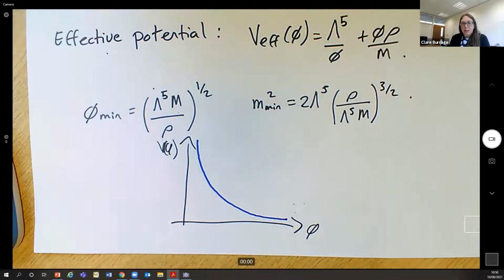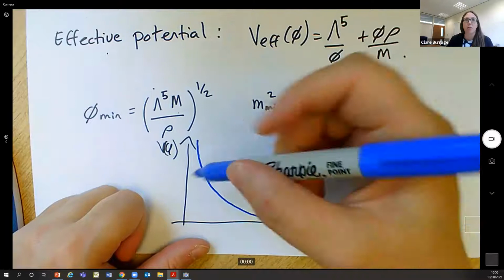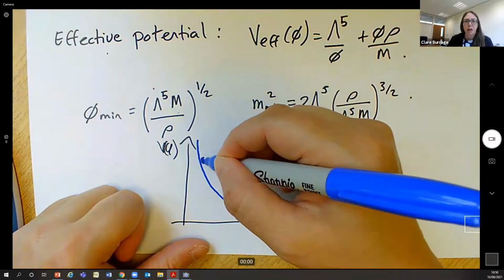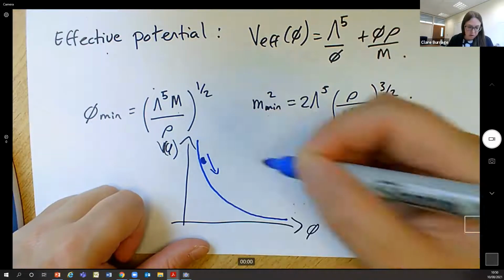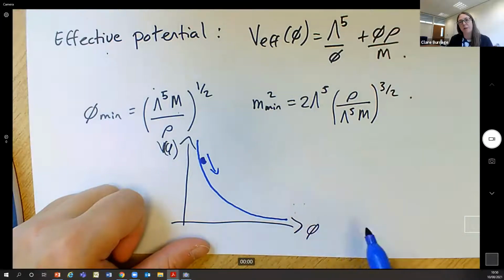The idea for using this kind of potential as a quintessence theory is that you start at some initial position somewhere on the steeper part of this potential, and then the field, during cosmological history, will just roll down your potential, and it just keeps rolling along the flat part.